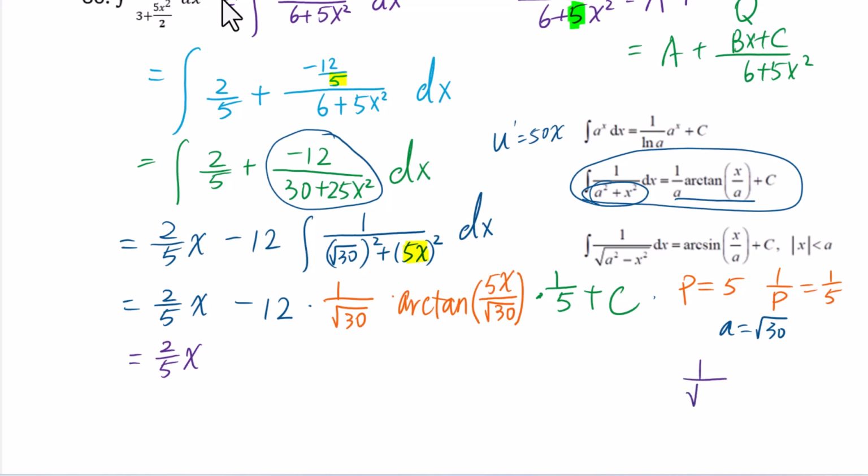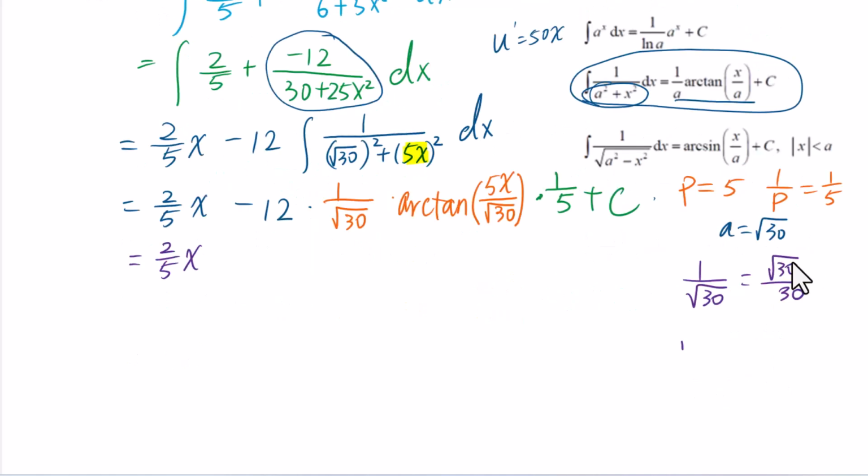1 over square root of 30 equals square root of 30 over 30. So 12 times 1 over 5 times the square root of 30 over 30. Reduce.